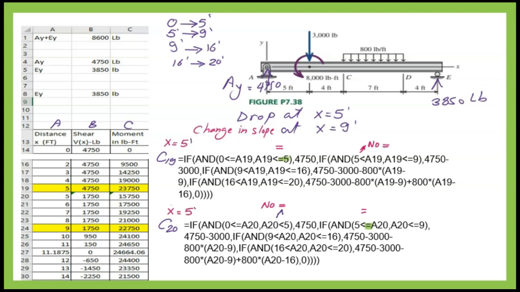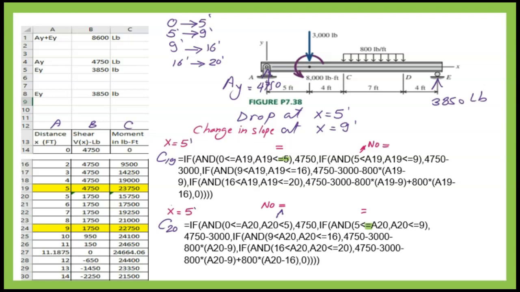This expression will give us the value of the shear at 5, which will be 4,750. If we want to get the expression of the other point, 5 plus, or the drop, we remove the equal sign from the first term.